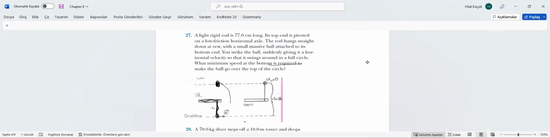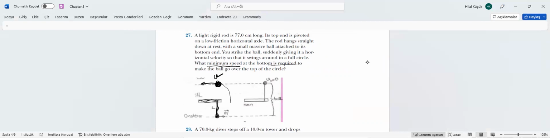Okay. It's saying minimum speed, but again, can I use energy conservation? Of course, I can use it. Look here. When it comes from here to here, my velocity will be like that.